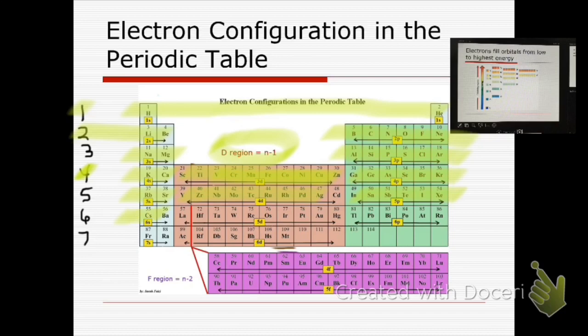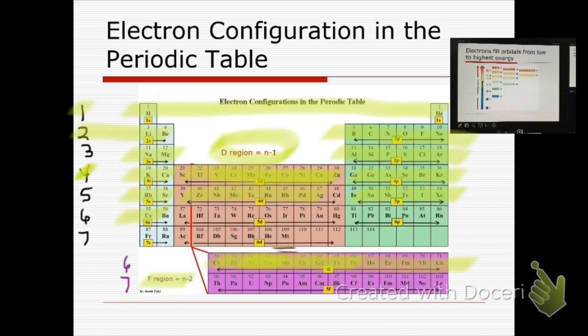We now, following numbers, drop down to the F region. F is n-2. So this is a continuation of period 6, making this 6 minus 2, 4f. So 4f, we went from 6s to 4f.